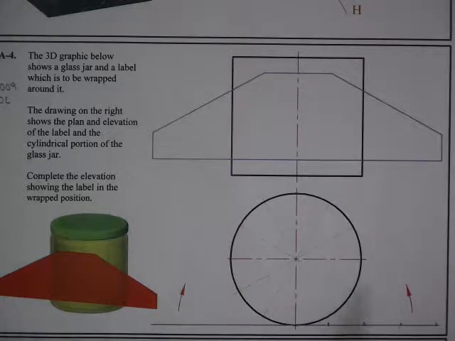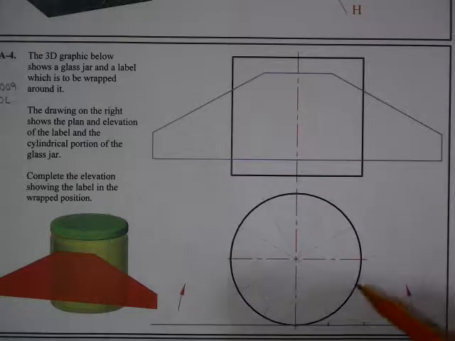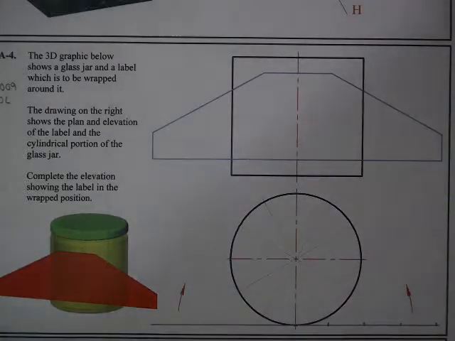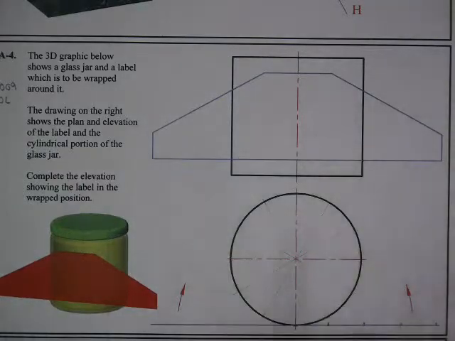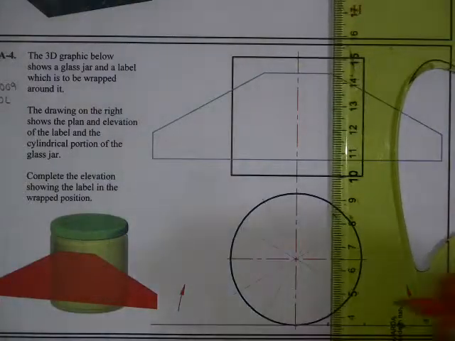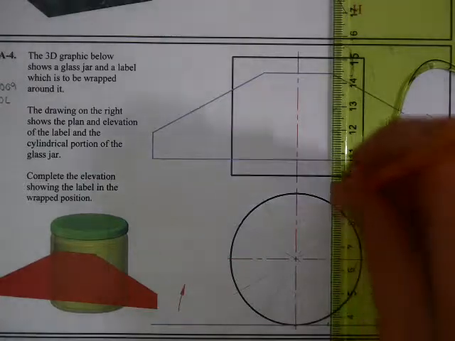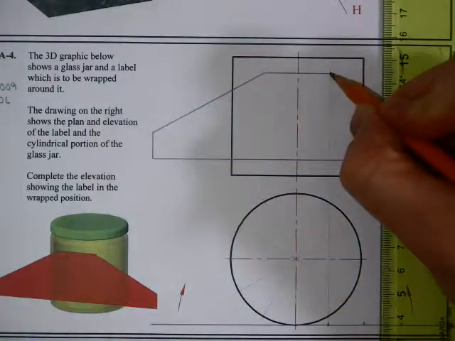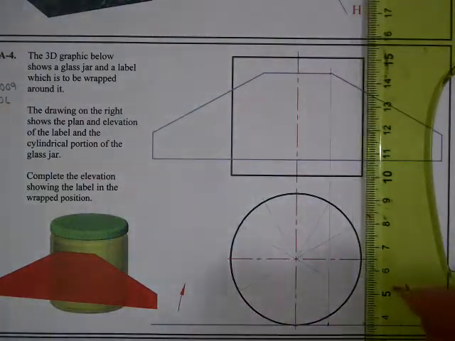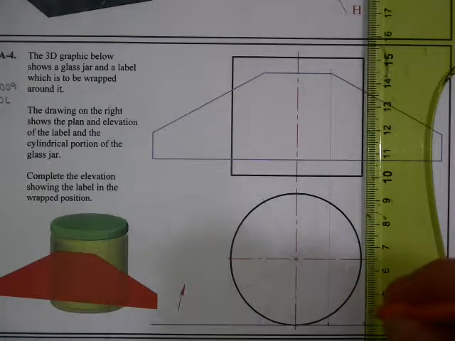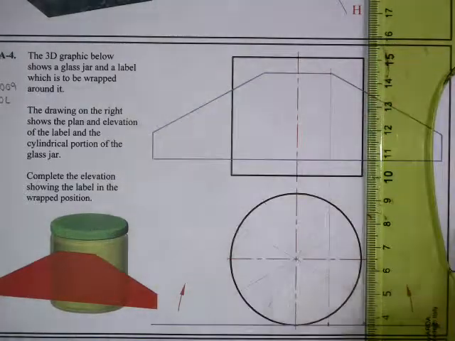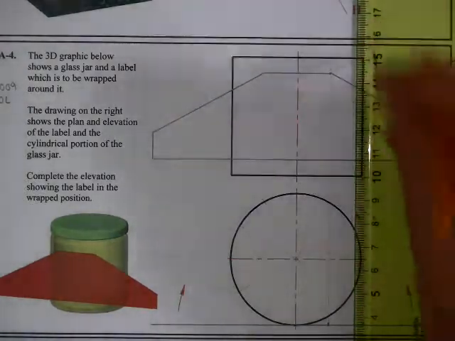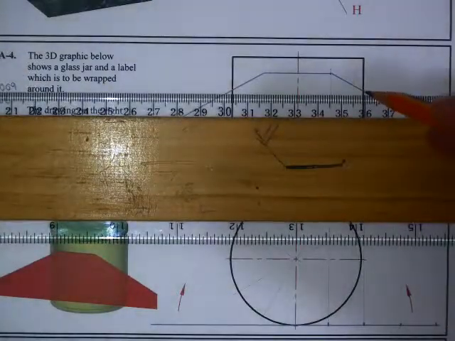Now what you do then, to get the first height here, you'll take it up, right? That's the point there. You take the second point up, take this point up, and you project it in there to get that point.